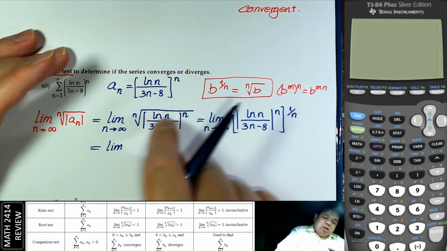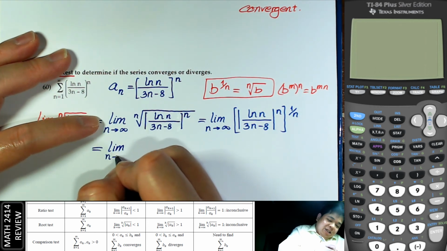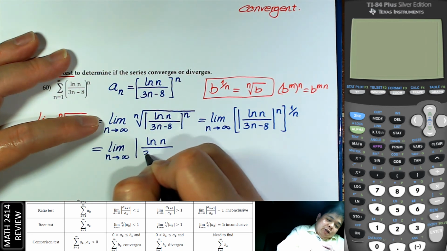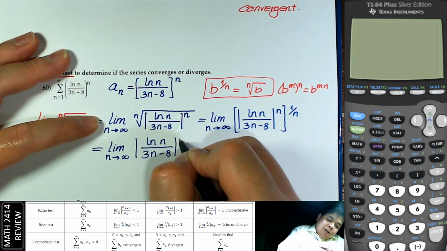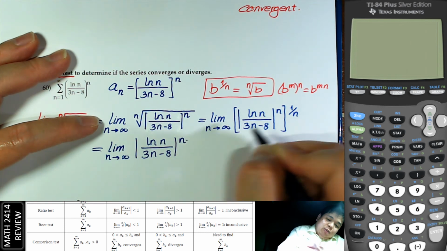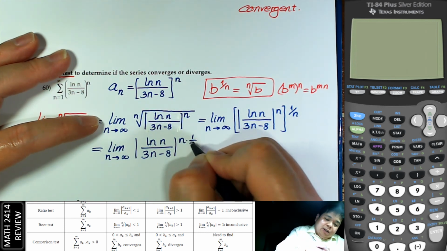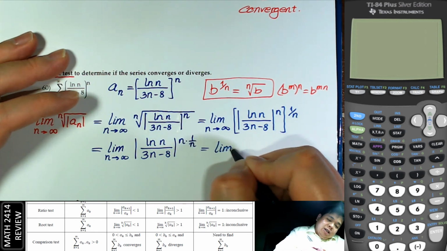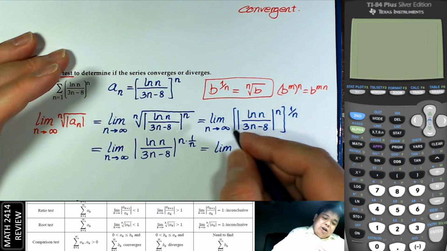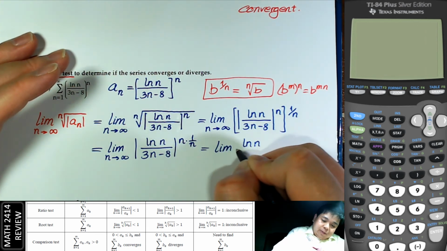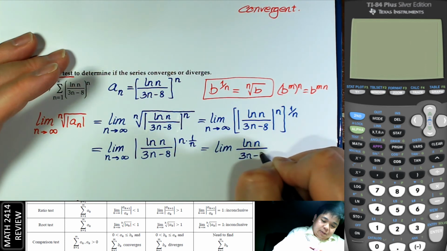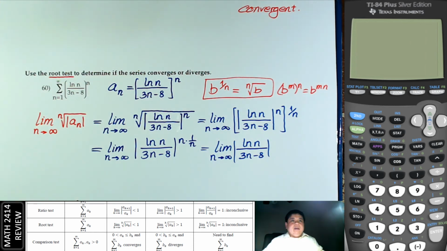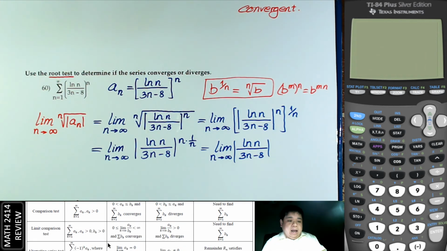So pretty much the root cancels the power. I'm just going to say ln of n over 3n minus 8, originally to n, now we multiply by 1 over n. n and n cancel out, so that's just to the first power. So bottom line is the root cancels the power. So ln of n over 3n minus 8.